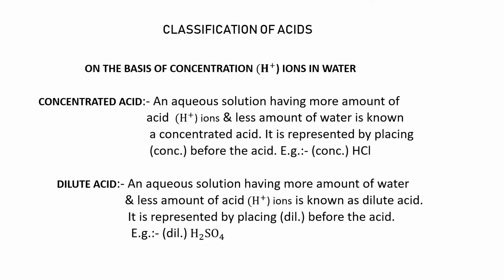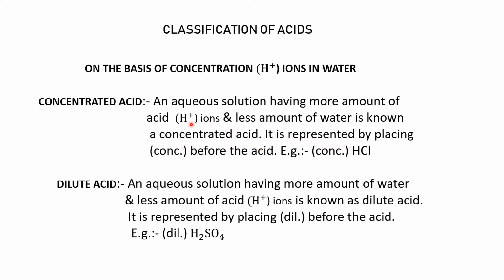Now let us come on to the next classification of acid, that is on the basis of concentration of hydrogen ion in water. Okay, H plus ion or hydrogen ion in water. So on the basis of that, an acid is divided into two categories. One, an aqueous solution having more amount of acid, that is H plus ions or hydrogen ion, and less amount of water, they are known as concentrated acid.